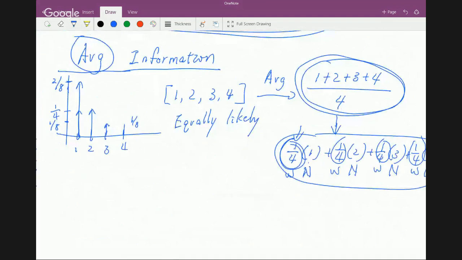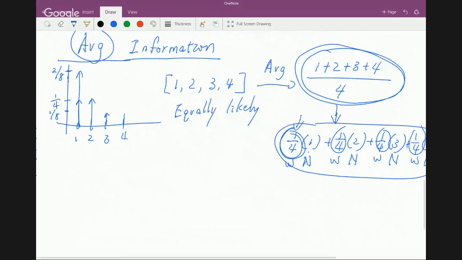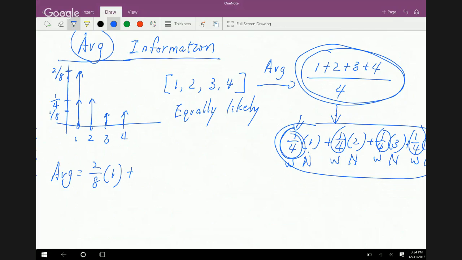Now, if we want to find the average, the equation would then change. Look at the first number. What's the weight? It's 2/8, and then times 1. The second is 1/4 times 2.